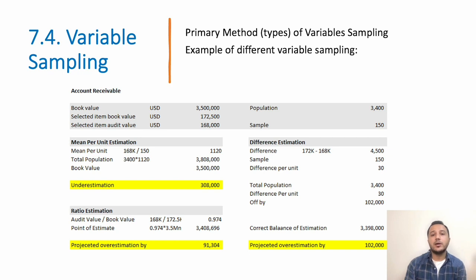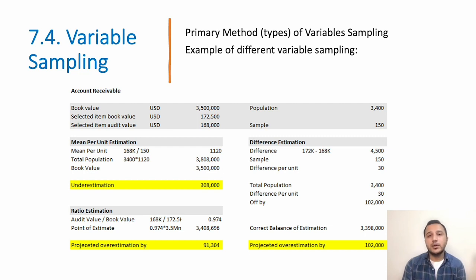So we get a difference of $30 per sample, and then we project that $30 by multiplying by the total population, and we get 102,000, which means the correct balance estimate is 3.3 million, and overall it gives us an overestimation by management of 102,000 in their records.